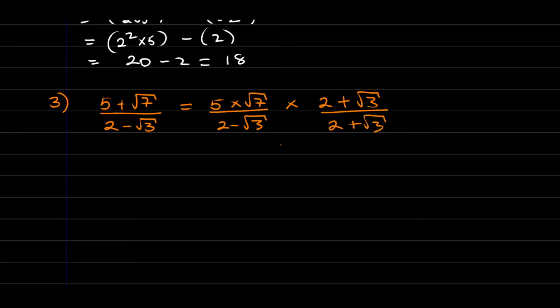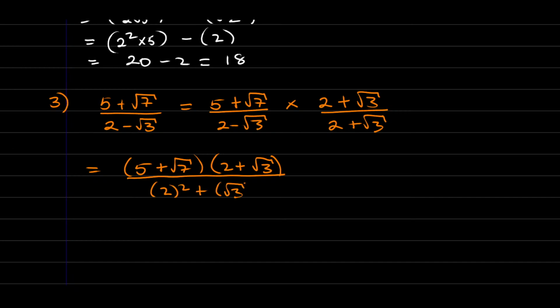And on the top we're going to get 5 plus root of 7 into 2 plus root of 3, and then divide that by 2 squared minus root of 3 squared.